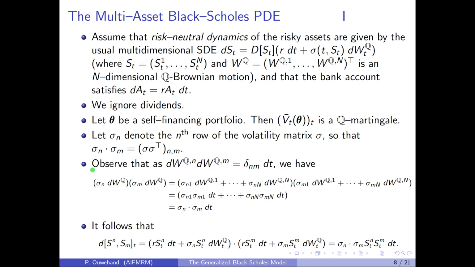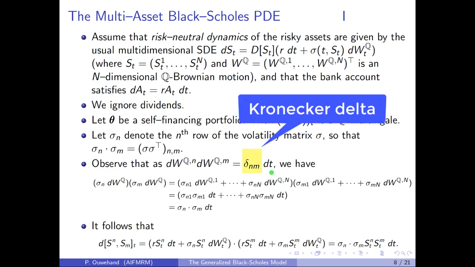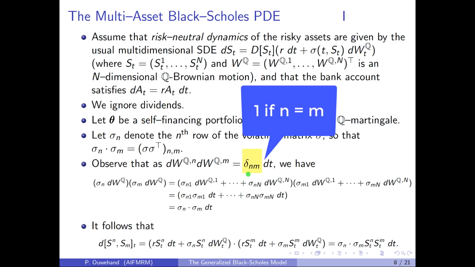Recall that the components of a standard Brownian motion are independent of each other. In particular, if we take a product dW^Q_n dW^Q_m, we will get delta_nm dt, where delta_nm is the Kronecker delta. In other words, delta_nm is equal to 1 if m and n are the same, and 0 otherwise.